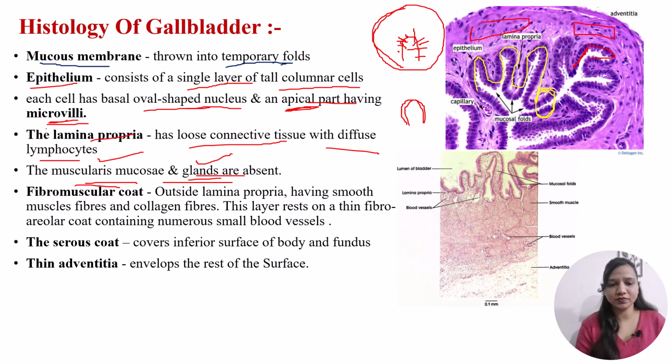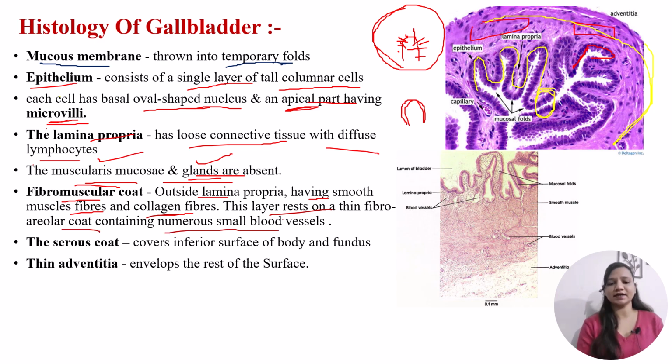The next is the fibromuscular coat. It is present outside the lamina propria and has smooth muscle fibers and collagen fibers, and this layer rests on the thin fibroareolar coat containing numerous small blood vessels.